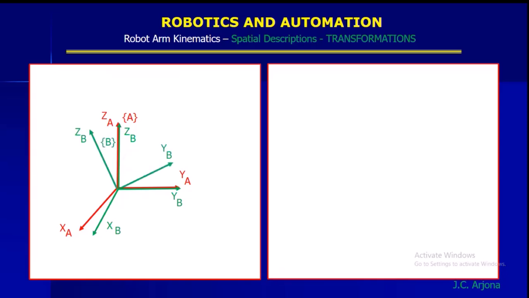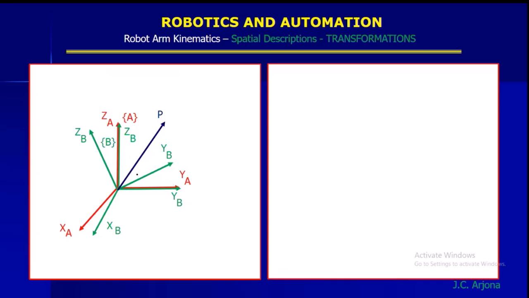Now, this is the case where frame B is rotated with respect to frame A, and considering the point P in question, which is with respect to frame B, what will be the relationship?